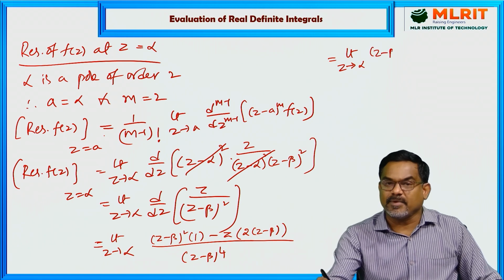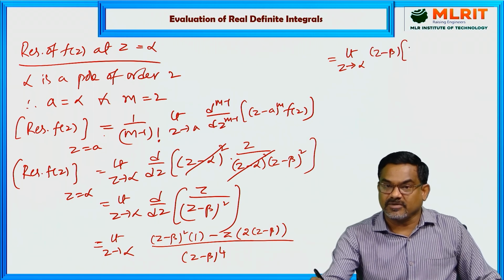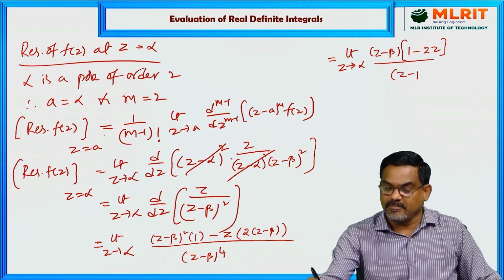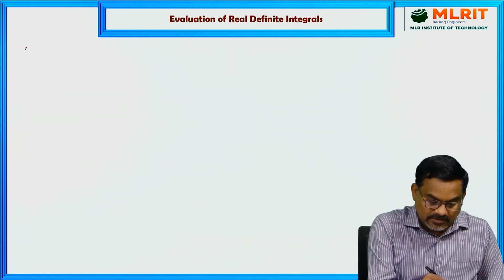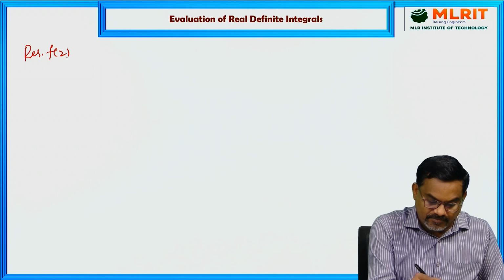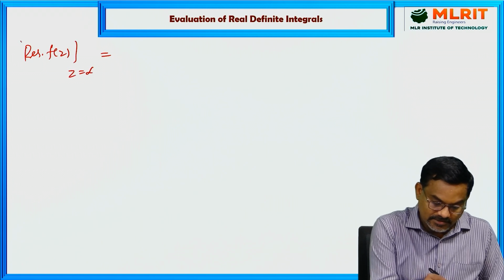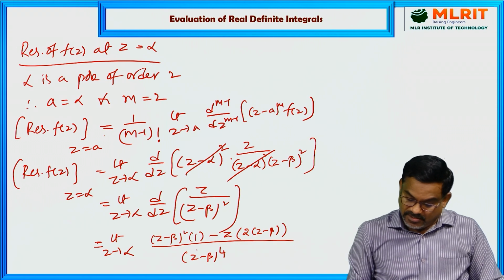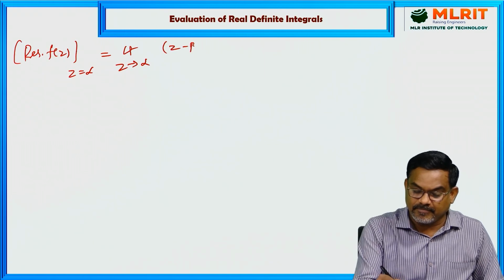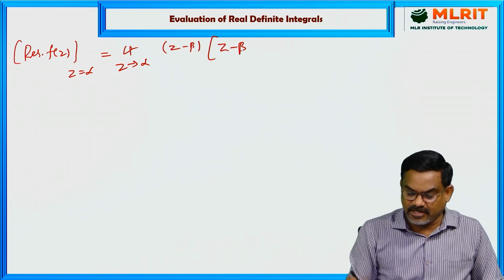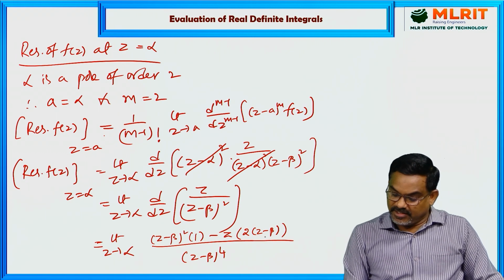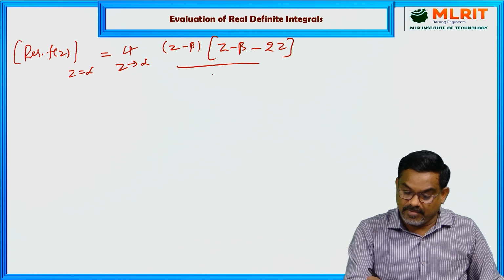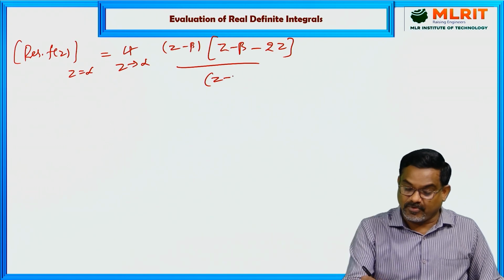I can take (z minus beta) common here, so that 1 minus 2z remains by (z minus beta) whole square. Therefore, the residue of f at z equal to alpha is equal to limit z tends to alpha. Here I can take (z minus beta) common, then one more (z minus beta) left, and here (z minus beta) common, minus 2z, by (z minus beta) power 4.